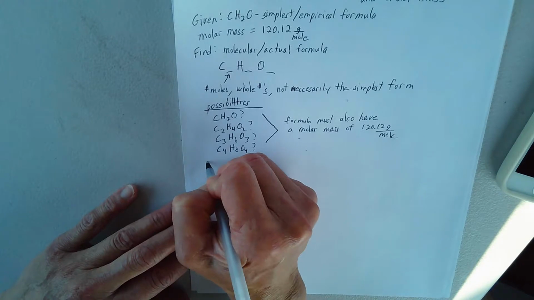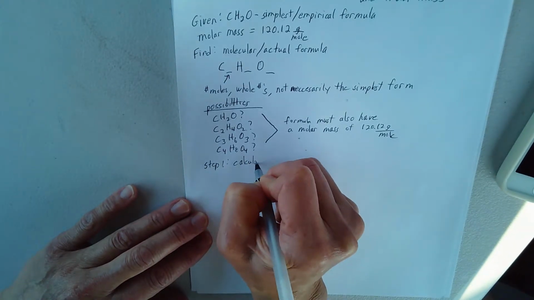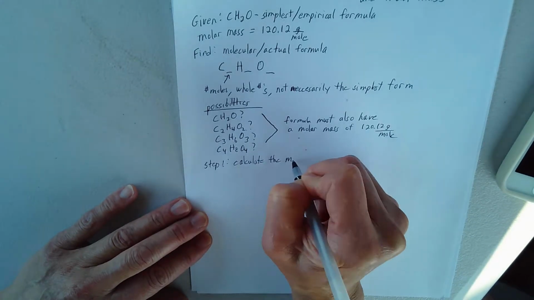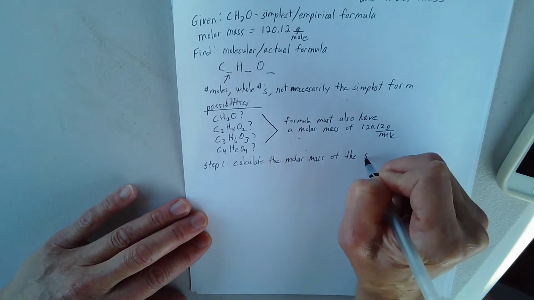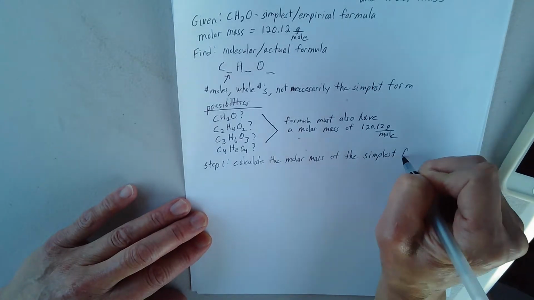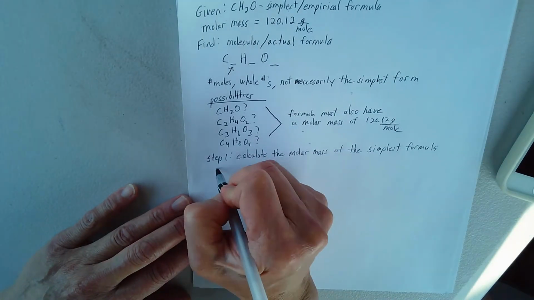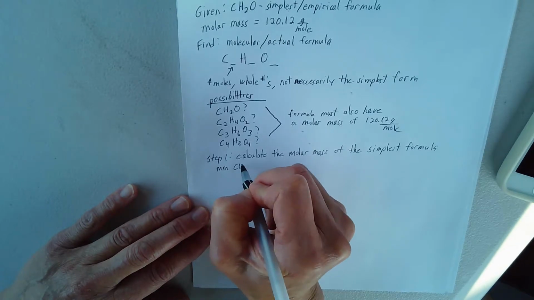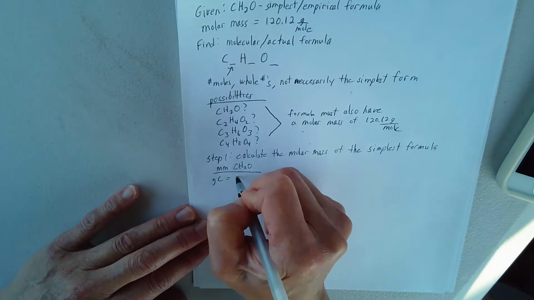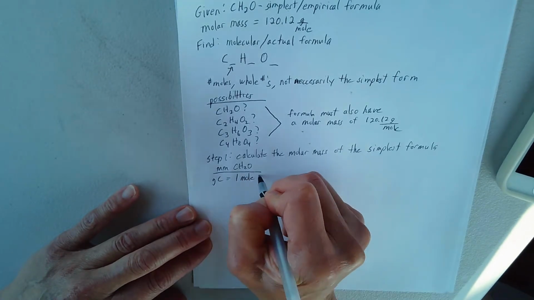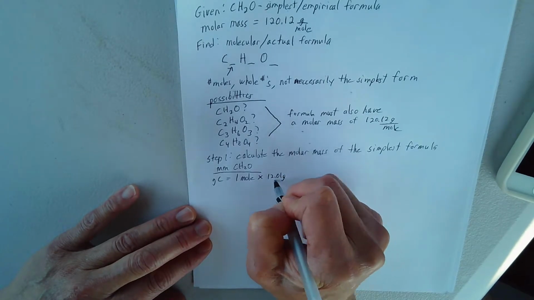So my recommendation is, step 1, calculate the molar mass of the simplest formula, which is CH2O. The grams of carbon is equal to 1 mole times, from our periodic table, 12.01 grams per mole.